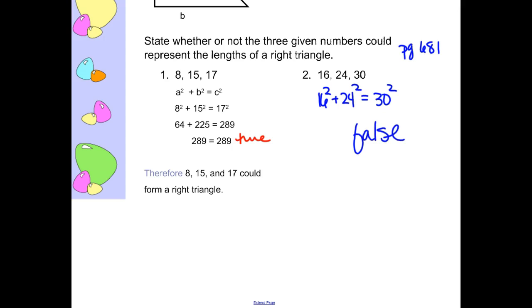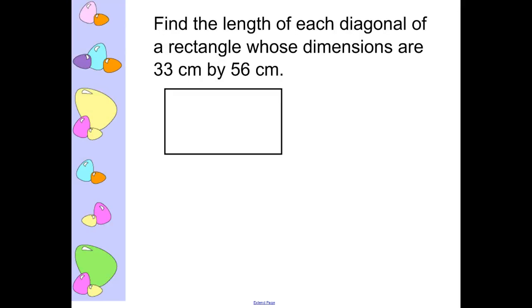Now, a big deal with Pythagorean theorem is this idea of story problems. It says, find the length of each diagonal of a rectangle whose dimensions are 33 by 56. What's a diagonal? If you remember from math past, a diagonal goes from opposite corners.